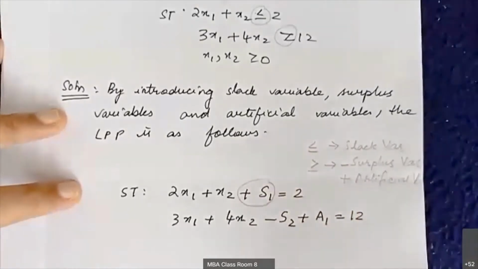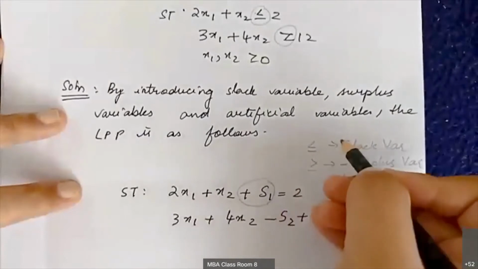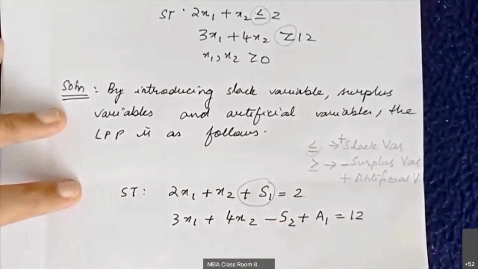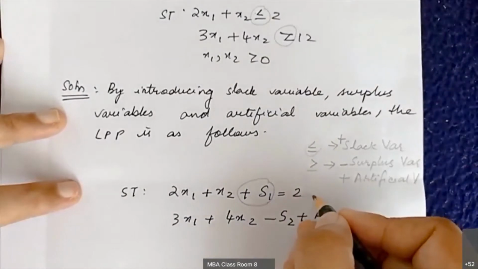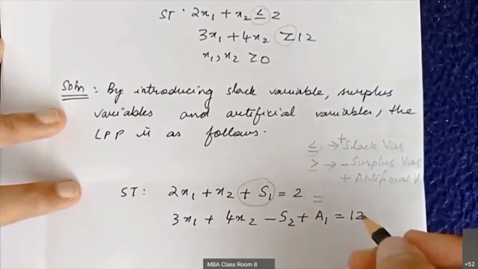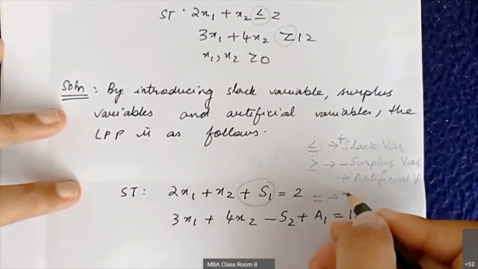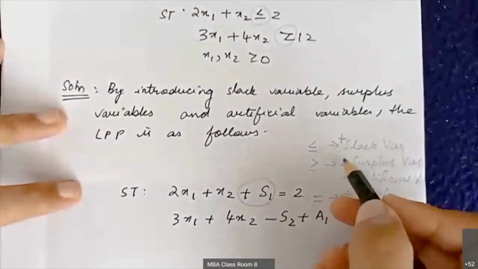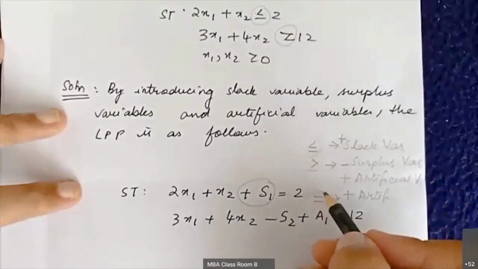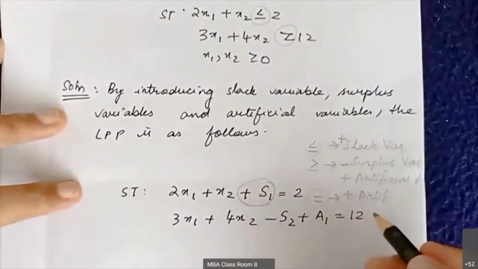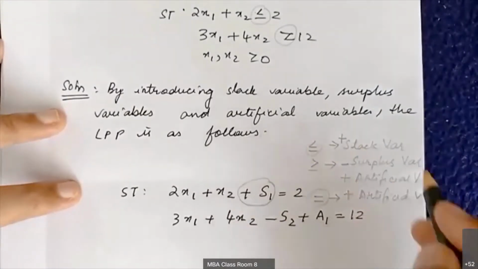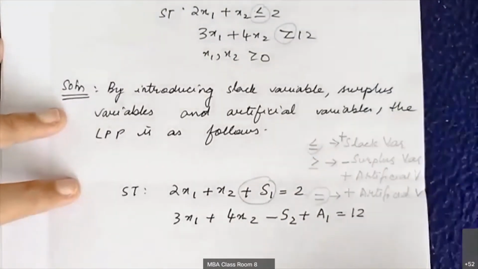Now, if the constraint is an equality, in that case you will be adding only the artificial variable. You don't have to use the surplus or slack variable. Just keep this in mind so that you'll be able to solve problems easily.